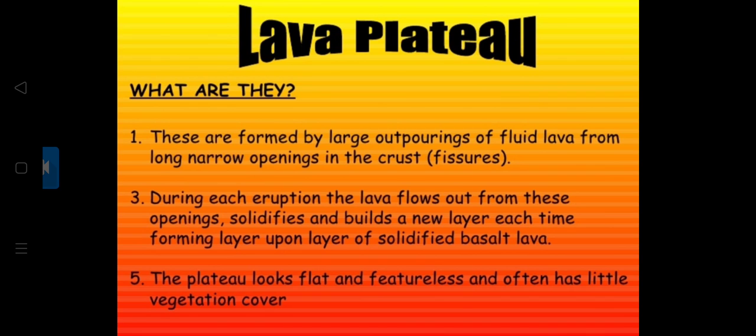When it solidifies, it becomes solid, thick. It builds a new layer each time, forming layer upon layer of solidified basalt lava. This is how we term it a lava plateau. The plateau looks flat, featureless and often has little vegetation cover. If you look at the picture, you will see that there is very little vegetation.